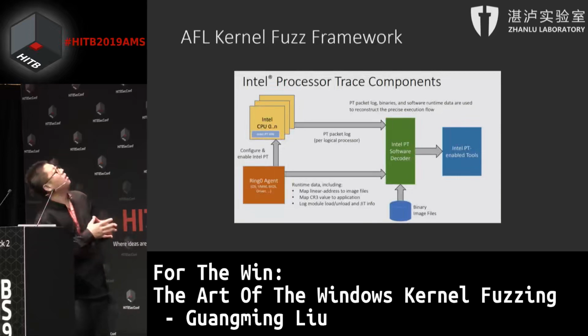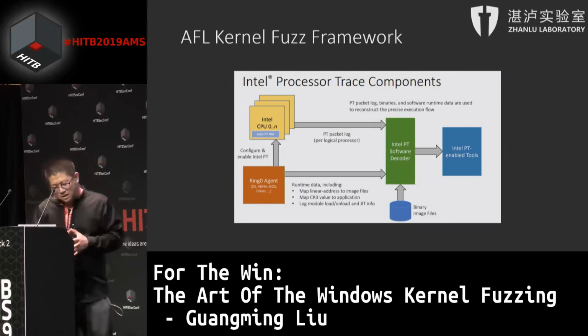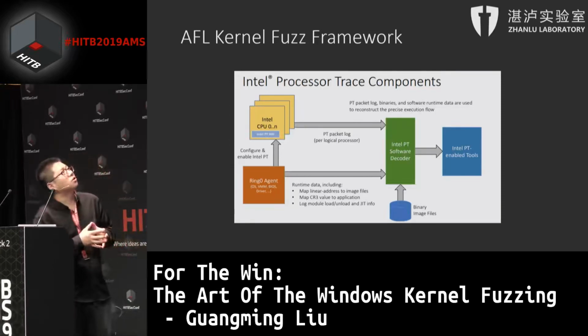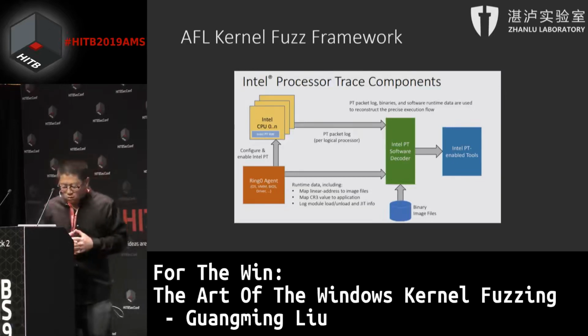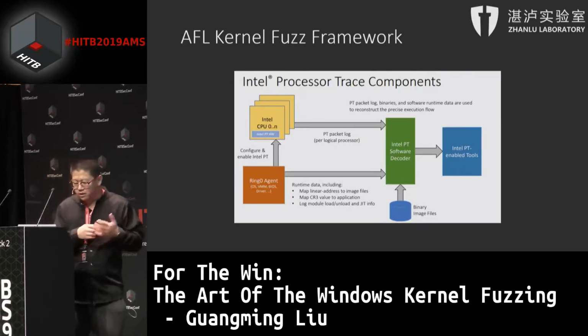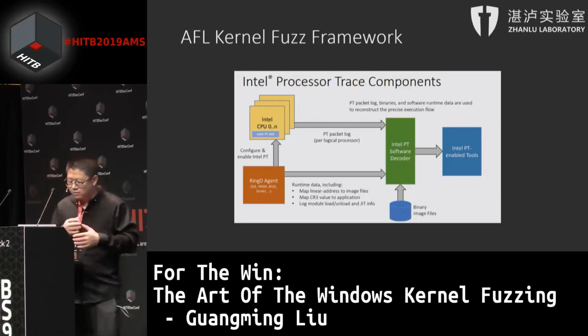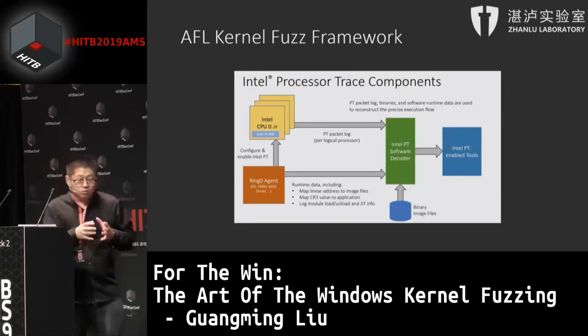Here is the FL kernel fuzz framework. At first, we need an Intel CPU that supports the P-trace feature, and we need software to decode the CPU's stream and fuzz to find more branches.